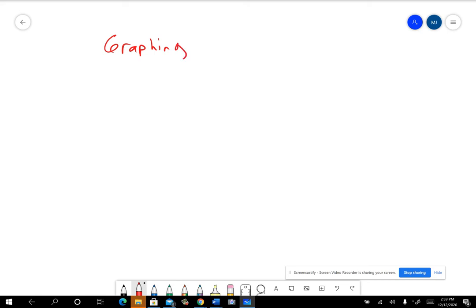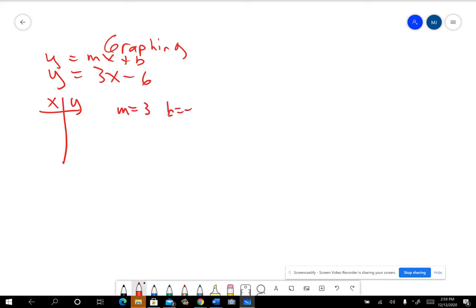How I graph depends. So if I've got them when they're in slope-intercept form, if they're like y equals mx plus b, I can either use a table or I can use the fact that m is 3 and b is -6 and go from there. Okay.